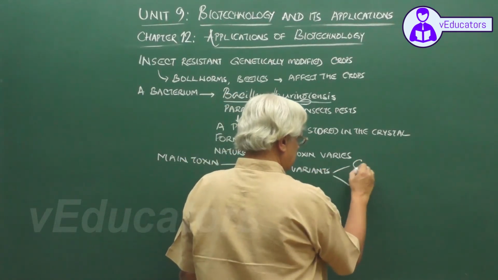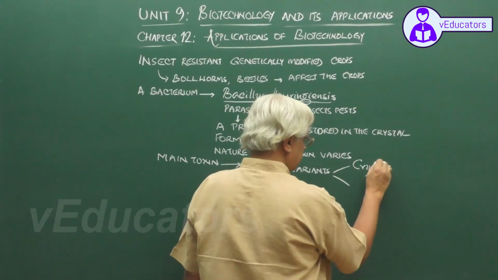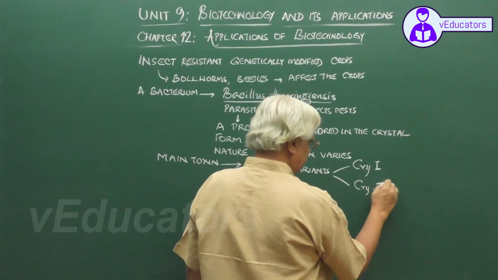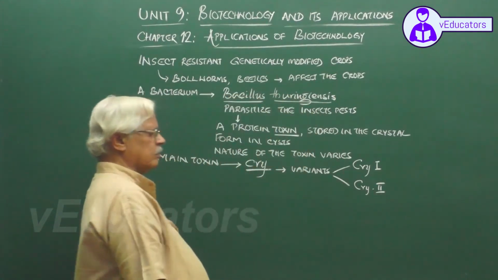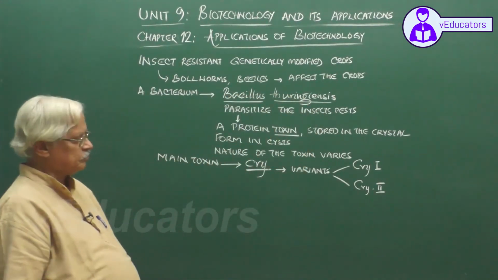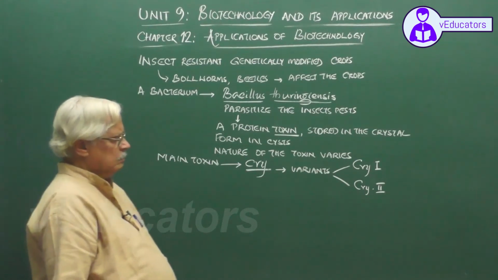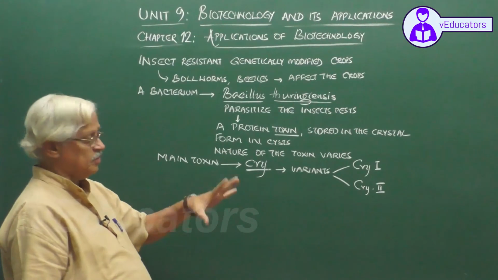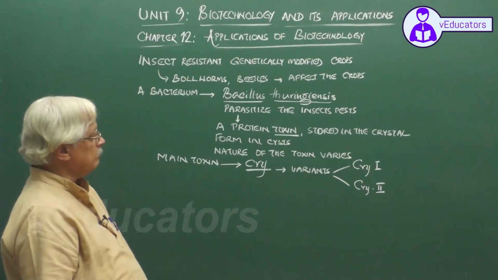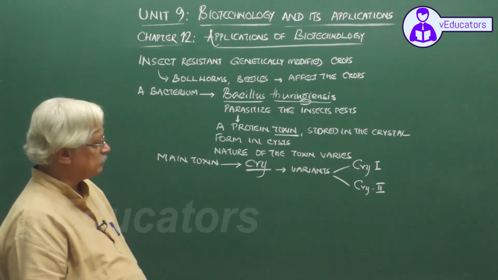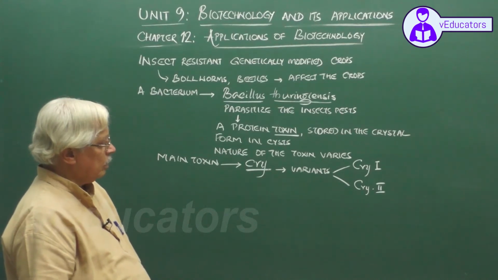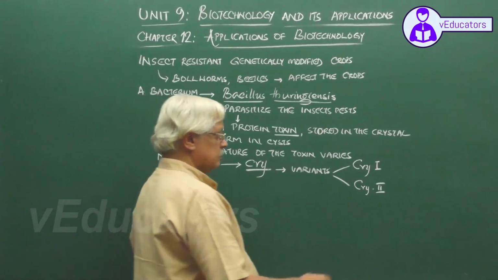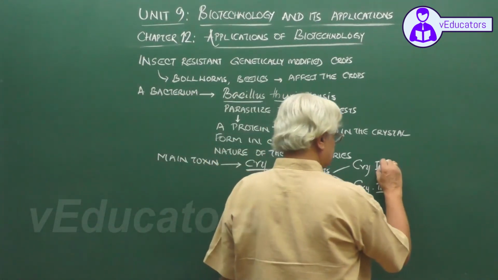Like, for example, cry 1, cry 2, and so on, for different groups of insects on which these bacteria infect. Cry 1 has further variants.